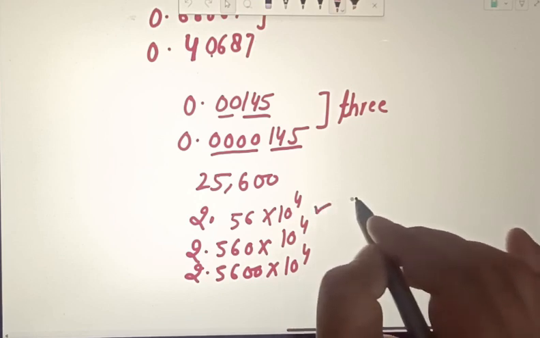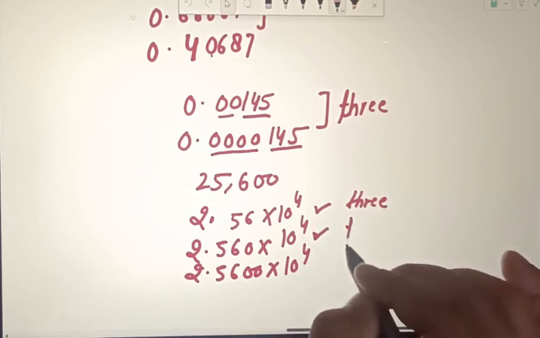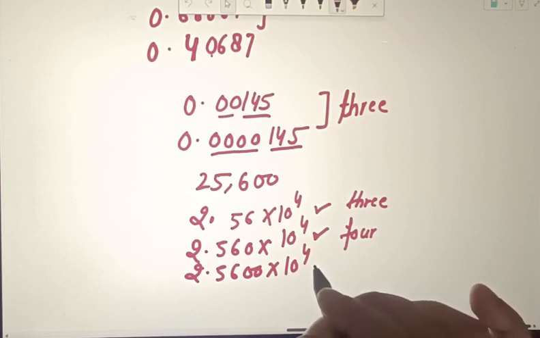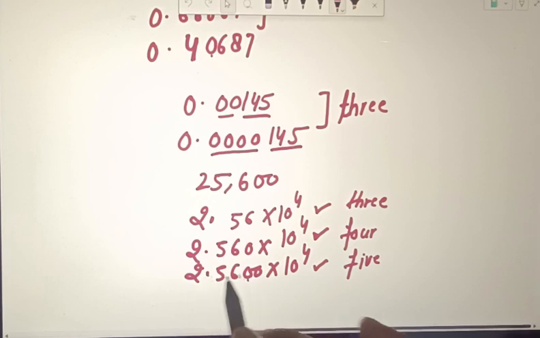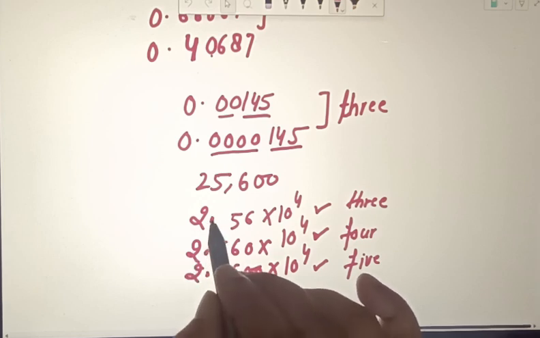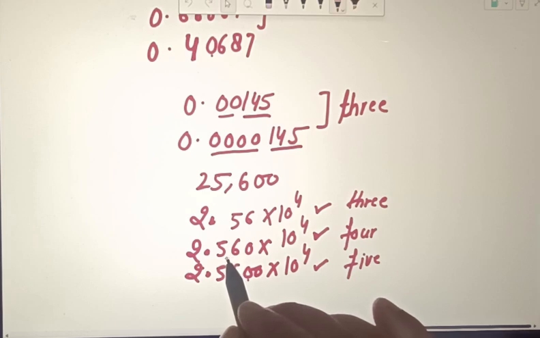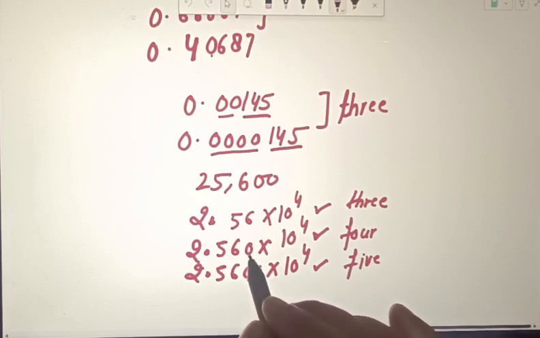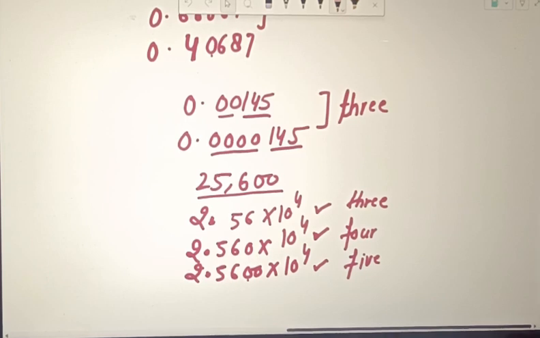There are 3 significant digits for the same number, remember this point, and it has 4 significant digits, okay, and it has 5 significant digits, because if zeros come just after the decimal, then it decides the position of the decimal in the number, but these zeros are coming after the non-zero digits of the decimal. So in such types of number, the significant figures or significant digits are uncertain, okay.